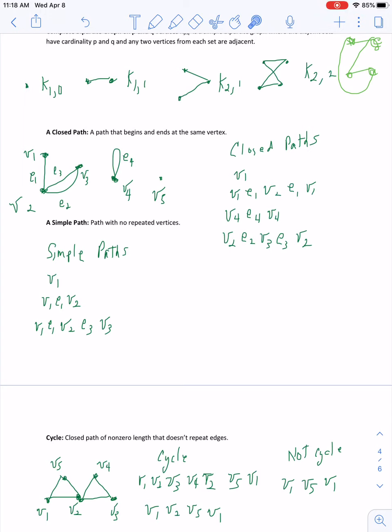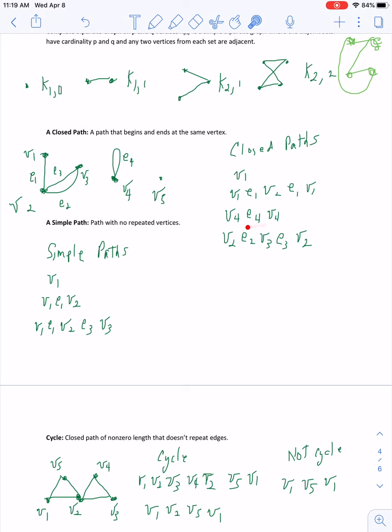Or I could go V1 to E1, which puts me at V2, then walk back along E1, and I'm back at V1. That's also a closed path. Another closed path is V4 to E4 to V4. Here I go along E4, which is a loop, and I'm back at V4. That's also a closed path. So a closed path just begins and ends at the same vertex.